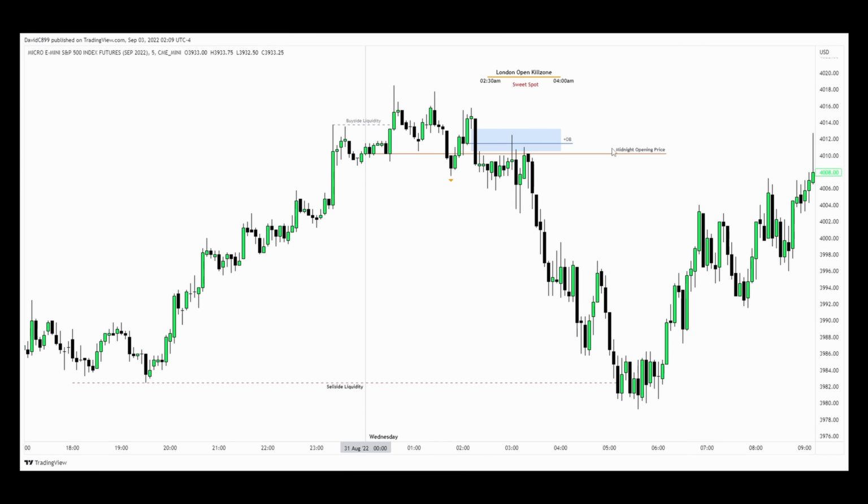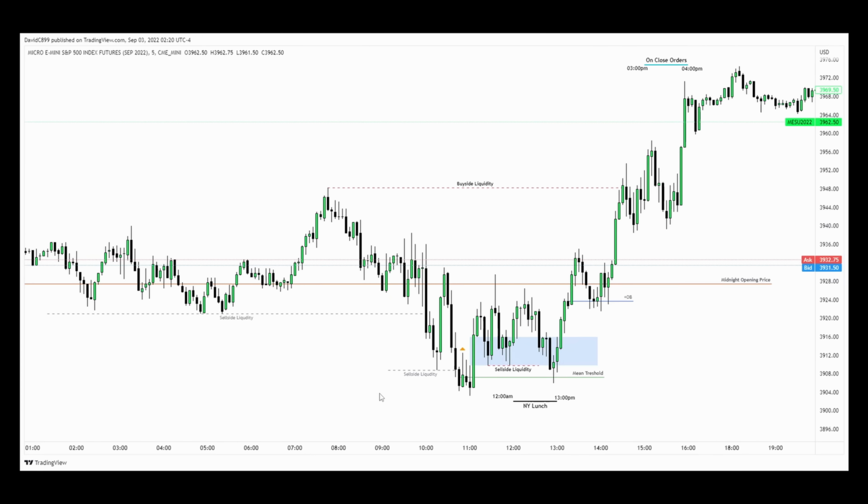If you look at the midnight opening price, we are trading slightly higher than that, and that is enough for price to be in a premium market and to trade lower. Remember, if we are looking for shorts in the marketplace, it is ideal to sell at or above the New York midnight opening price.